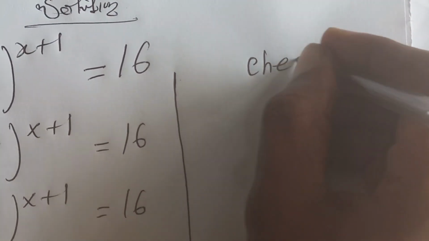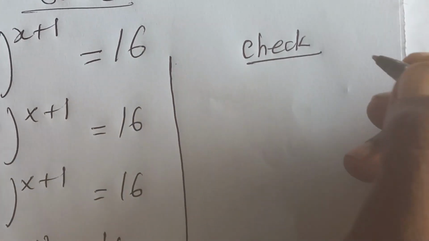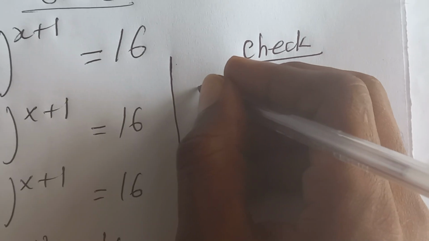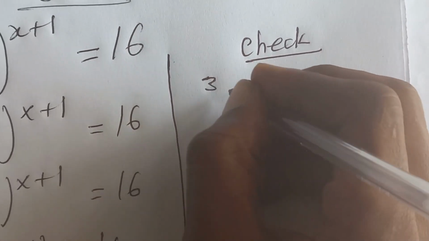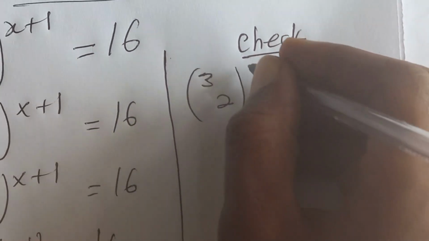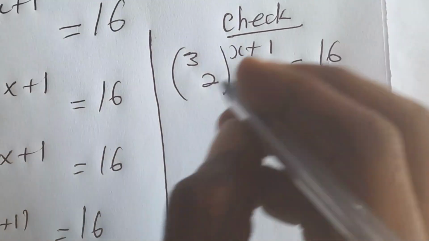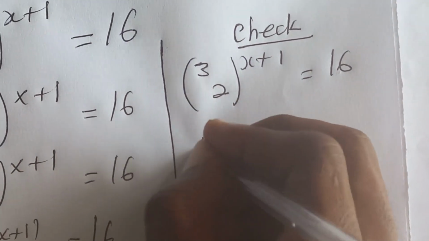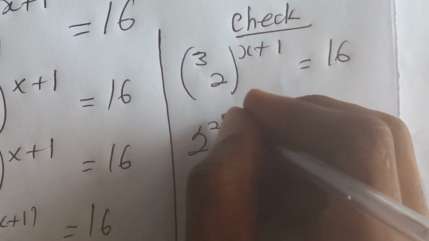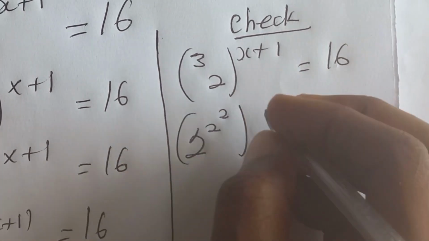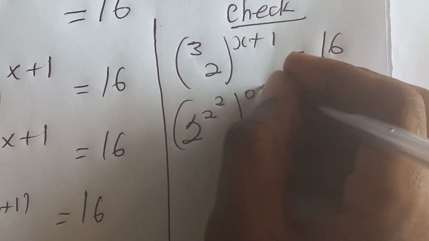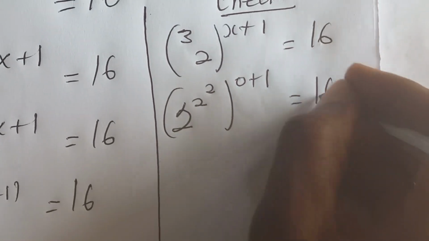So check. Now we are having 2 exponent 2 exponent 2 bracket x is 0, so 0 plus 1 is equal to 16.